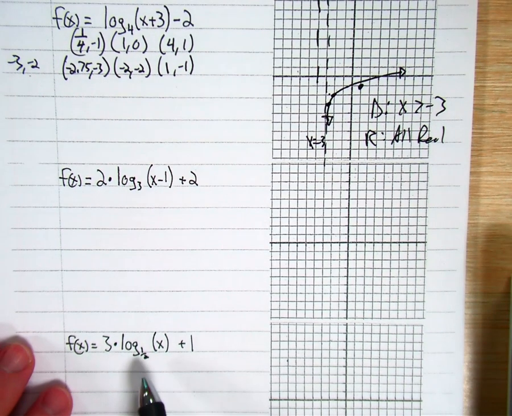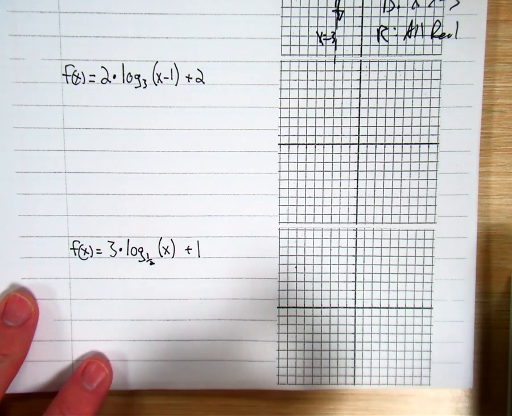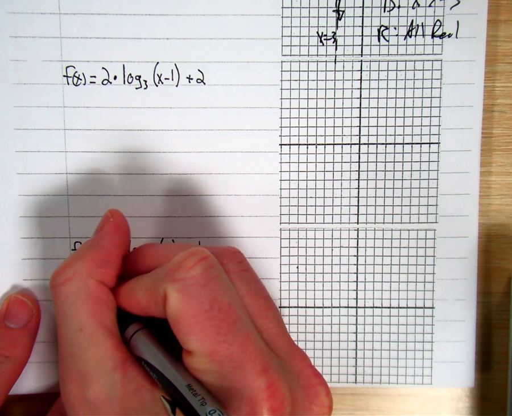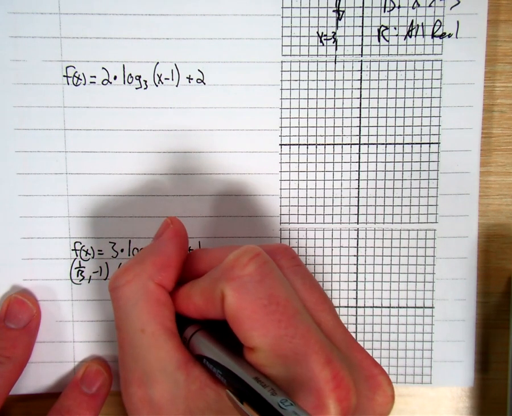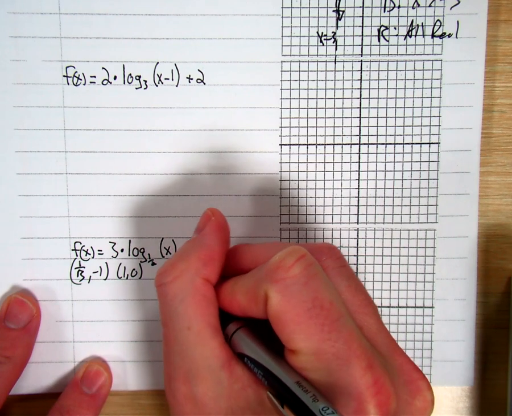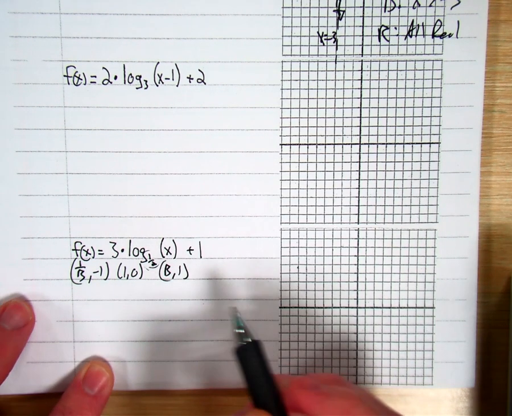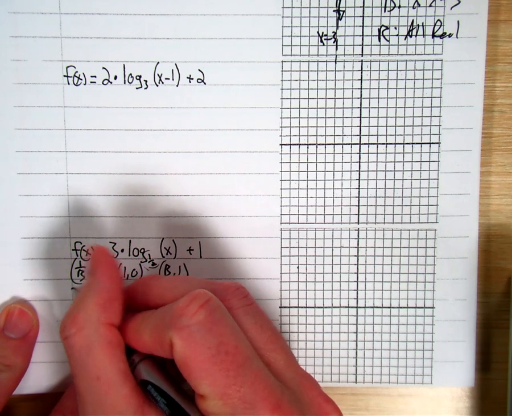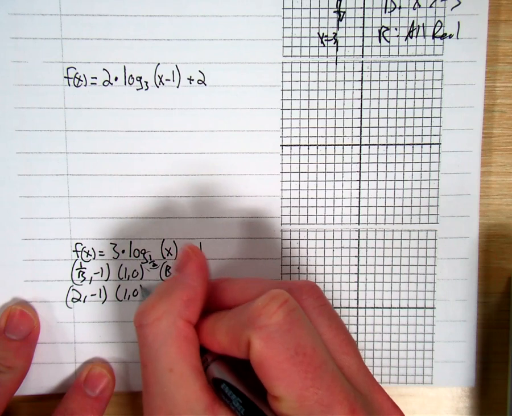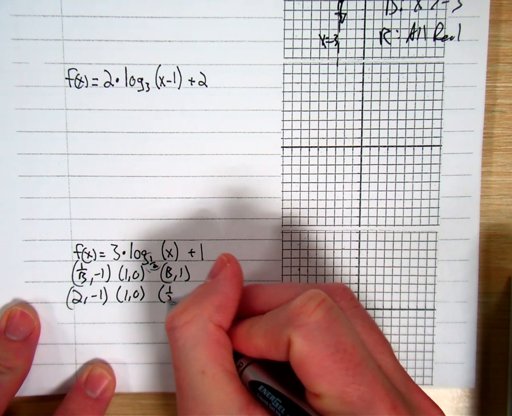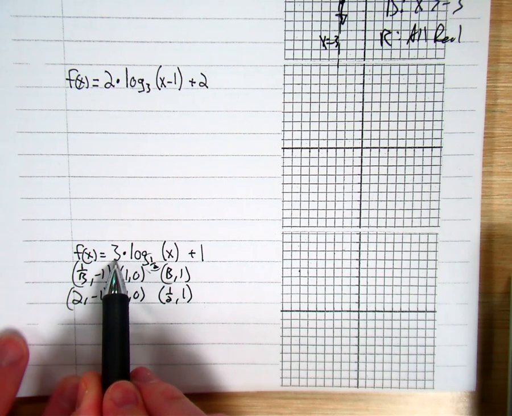All right, running kind of tight on time, so let's head down to this one and see what happens with a fractional one. Remember, we got 1 over b, comma, negative 1, 1, comma, 0, and b, comma, 1 for our regular ones. This time our base is a half, so 1 over a half is actually going to be 2, negative 1, 1, comma, 0, half, comma, 1.